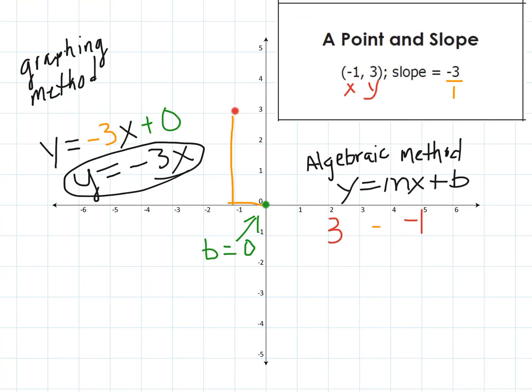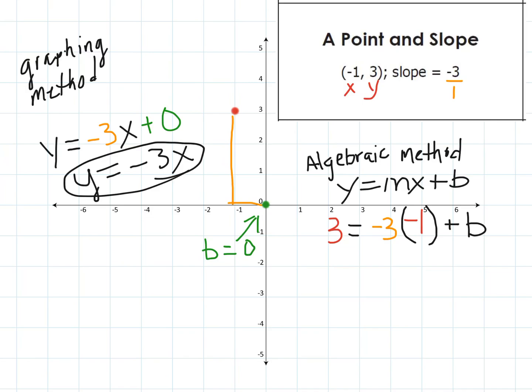My slope is -3. Okay, so now I'm going to put equals. One of those needs to be in parentheses, so I remember to multiply and bring down my plus b.